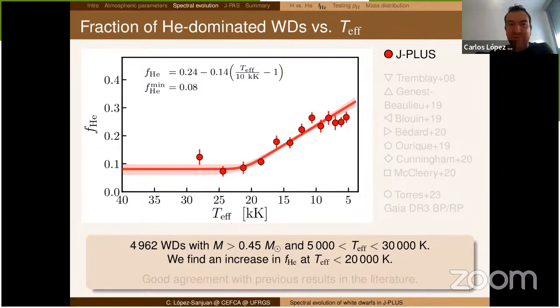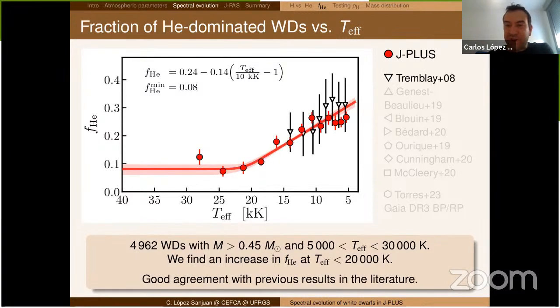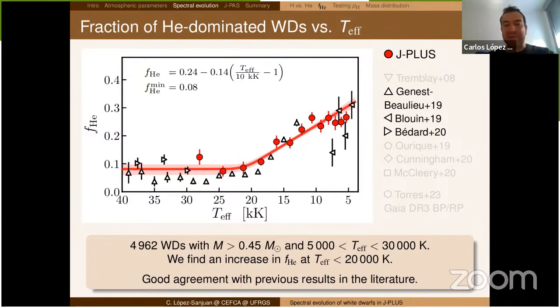So now it's time to compare with the literature. These are results from Tremblay, 2008, very large errors, but as you can see, we are more or less in the same values. These are results from 3 different works that are based on spectroscopic classification.